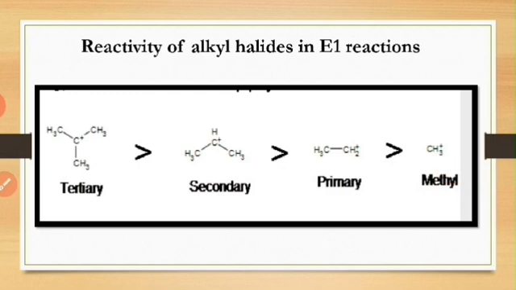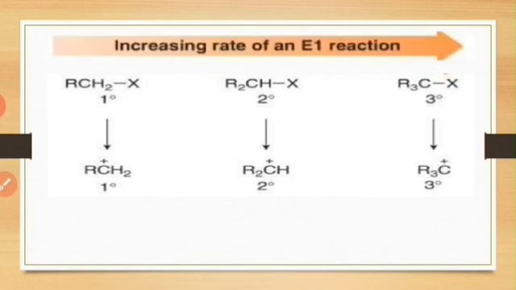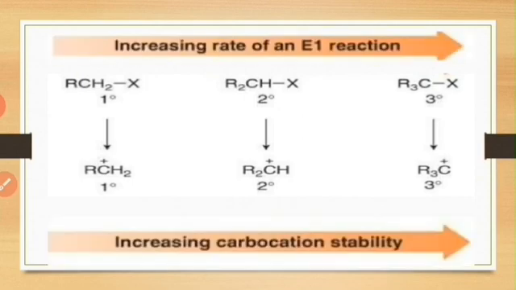Secondary and tertiary carbons form more stable carbocations, thus their formation occurs quite rapidly. The rate of the E1 reaction increases as the carbocation stability increases: a primary carbocation is less stable than a secondary and then a tertiary.